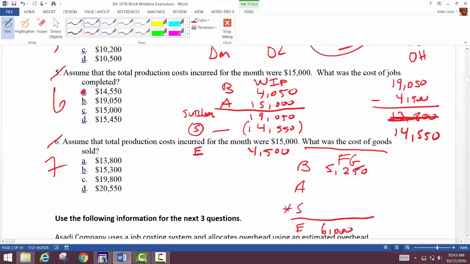Okay, and I already know from the previous problem that they added 14,550 to finished goods. How do I know that? Because they said that was the cost of jobs completed. I subtracted that from work in progress. It goes into finished goods, right?